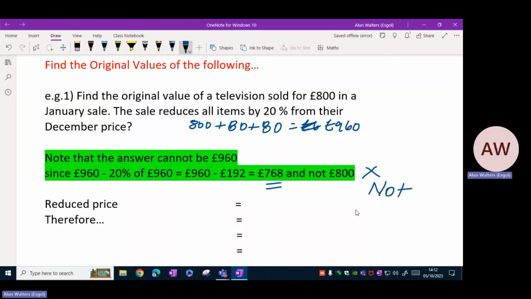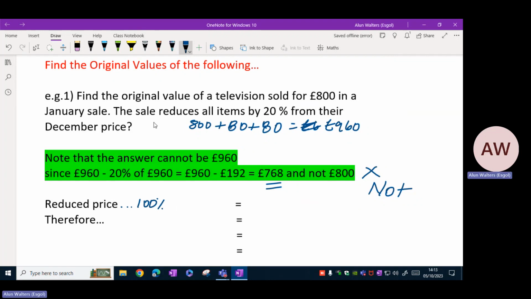Okay, so what we do need to do, and this is the method I'm going to show you, and it's a common theme with the calculator and non-calculator, is start off with this sort of setup. So from the text above, the original price was 100%.